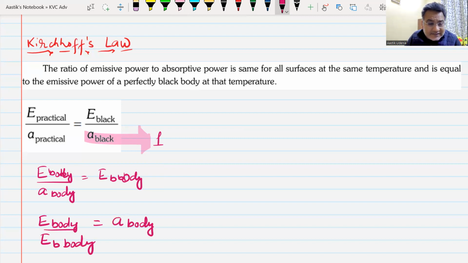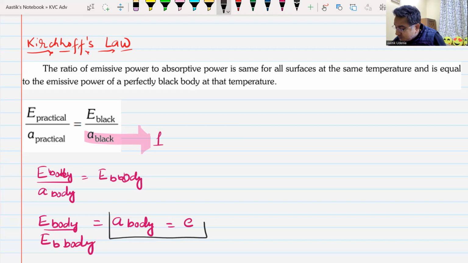Do we understand this? Understood, sir. Now, E of the body divided by E of the black body is equal to the emissivity of the body. Yes or no? Yes, sir. That means the absorptive power of the body.